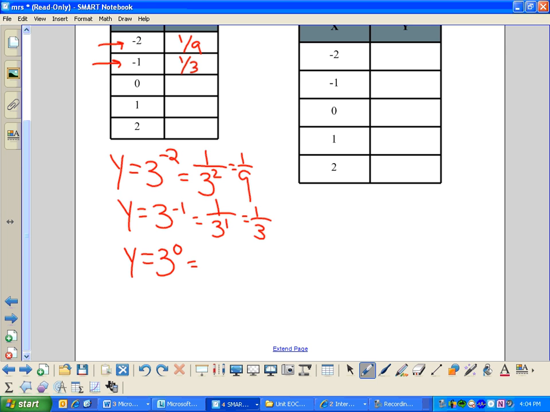Anything to the 0 power is 1. y equals 3 to the first power. So that's just 3. y equals 3 to the second power. That's 3 times 3, which is 9.